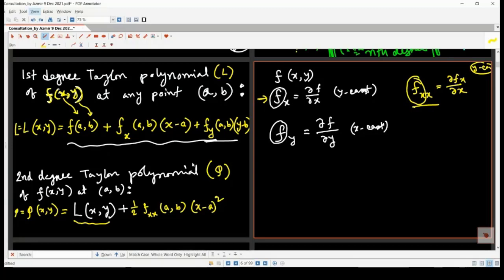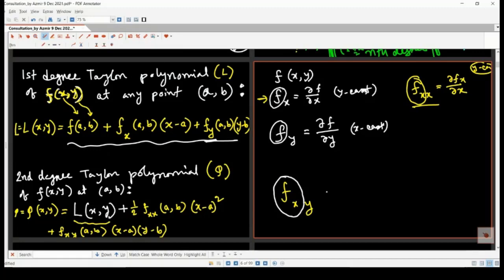So this is important. The next term will be, let me write here, f sub xy of a comma b times x minus a times y minus b. So now what is f sub xy?